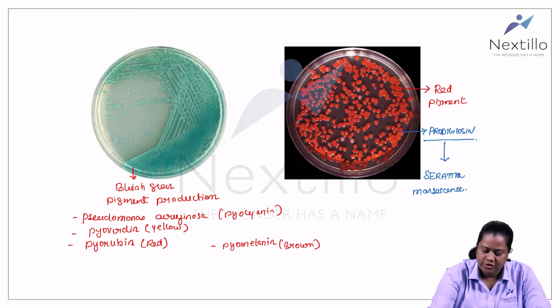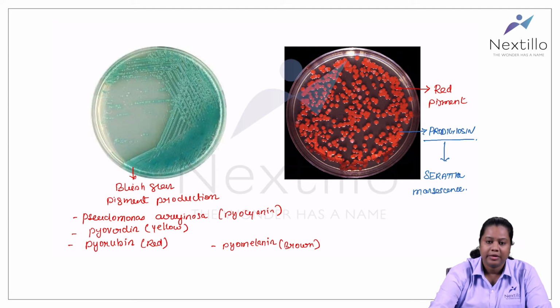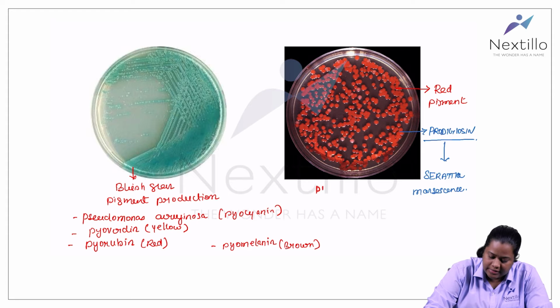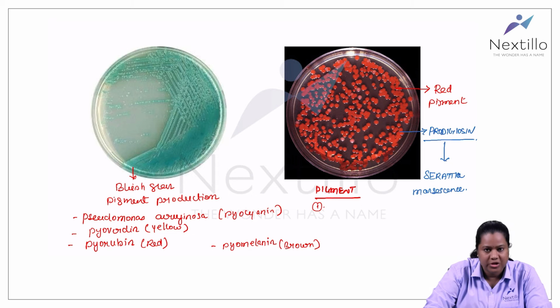I would also like to list down the other organisms in microbiology which can produce pigment. One we have seen is Pseudomonas aeruginosa. The other is Serratia marcescens. Other than this, there are a few bacteria which also produce pigment.